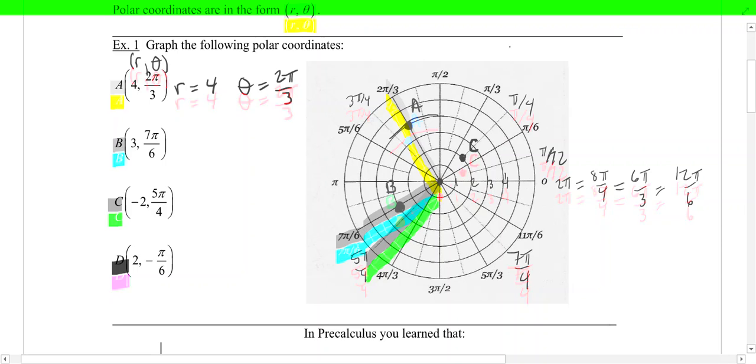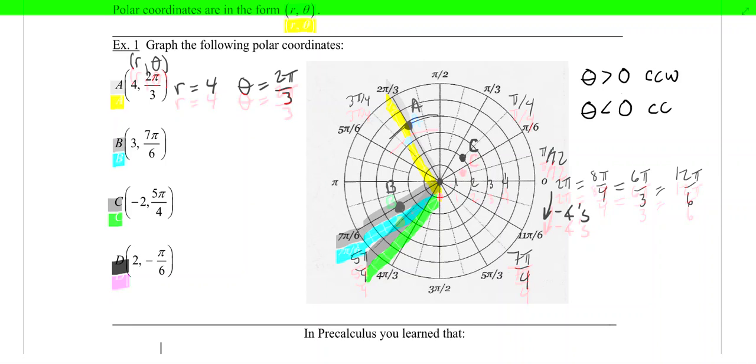So if your angles are greater than 0, then you're going counterclockwise. If your angles are less than 0, you're going clockwise. So for negative angles, we go this way.